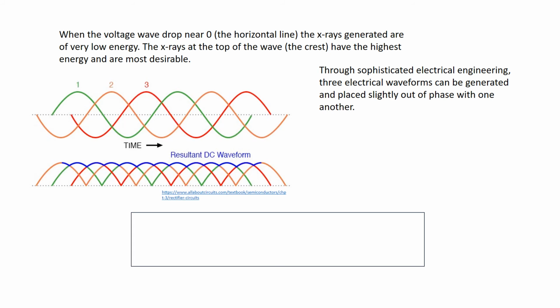And then as you look at number 1, as it starts to go up, the green, it reaches a peak value. That's the highest voltage X-rays that would be in your technique. That represents the highest voltage techniques. And then you start to go down again, back down towards zero.